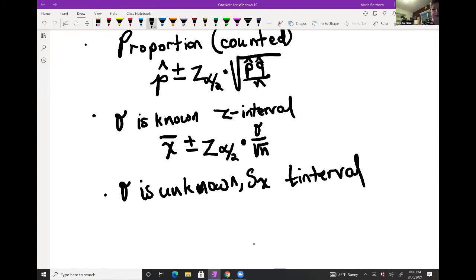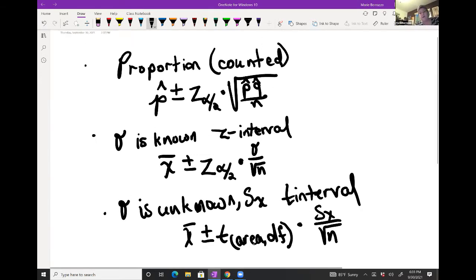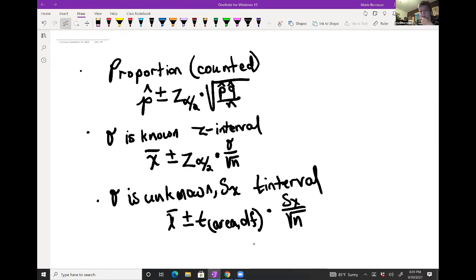This is basically the mean value plus or minus the t critical, which is basically the area and degree of freedom, and that is times S of x over square root of n. So right now we're only focusing, I believe, on the first two because they're going to give us S of x or sigma, lowercase sigma.